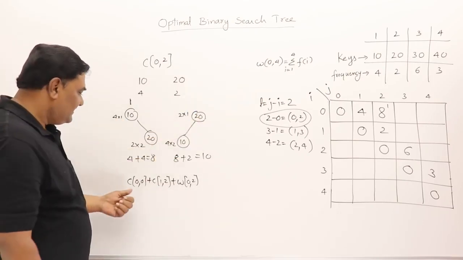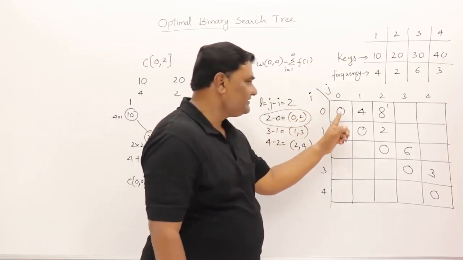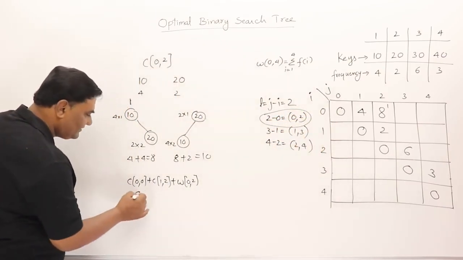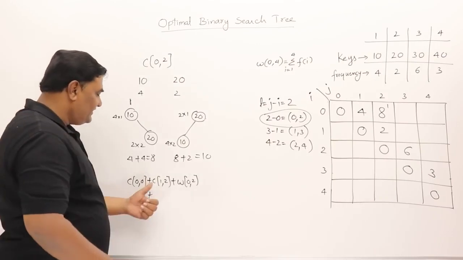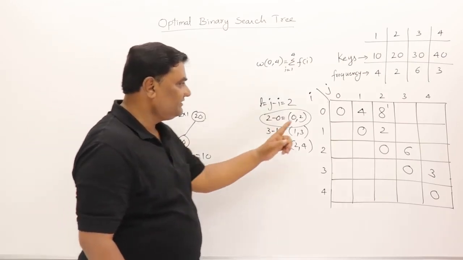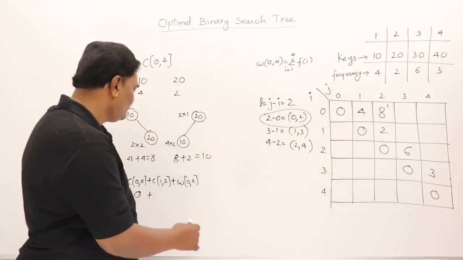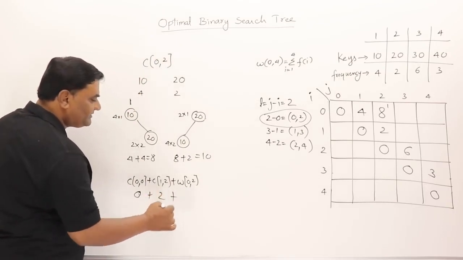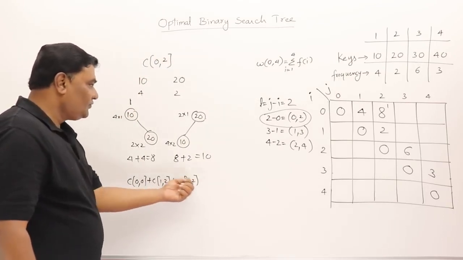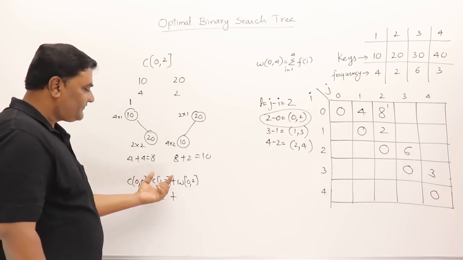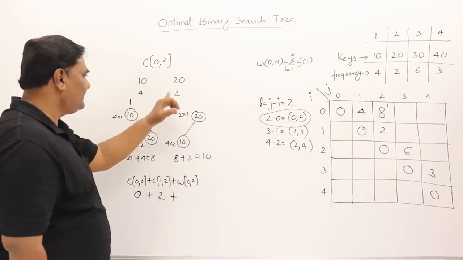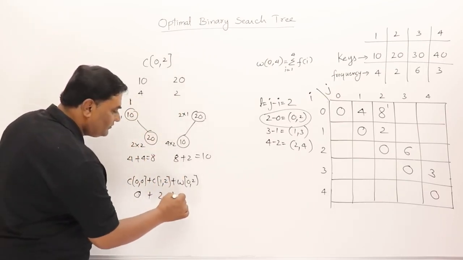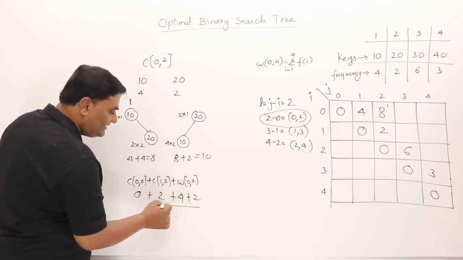Let us check. C of 0 comma 0, how much? 0. Plus C of 1 comma 2. C of 1 comma 2 is how much? 2. 2 plus weight of 0 to 2 means I should add all the frequencies from 1 to 2, 1 and 2. So already I have this 4 plus 2. So 4 plus 2. So answer is 8.